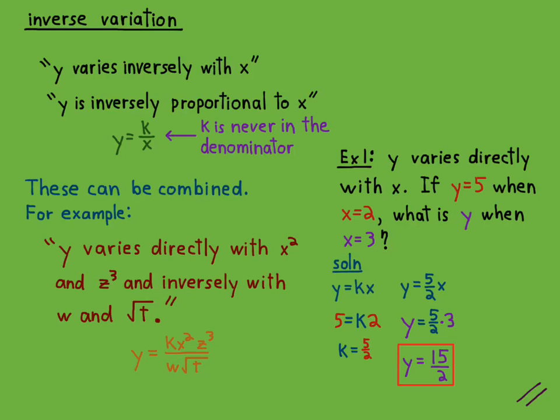Then I go back and read the problem again to see if they told me x or y, and I solve for the other one. They gave me x is 3, I plug it in, and I find y is 15/2. The way I wrote this out is extremely systematic, and I would suggest that you do that. You don't have to do the two-column thing if you can get through this with no confusion. If you get confused, try arranging it this way and see if that helps straighten out the trouble that you're having.